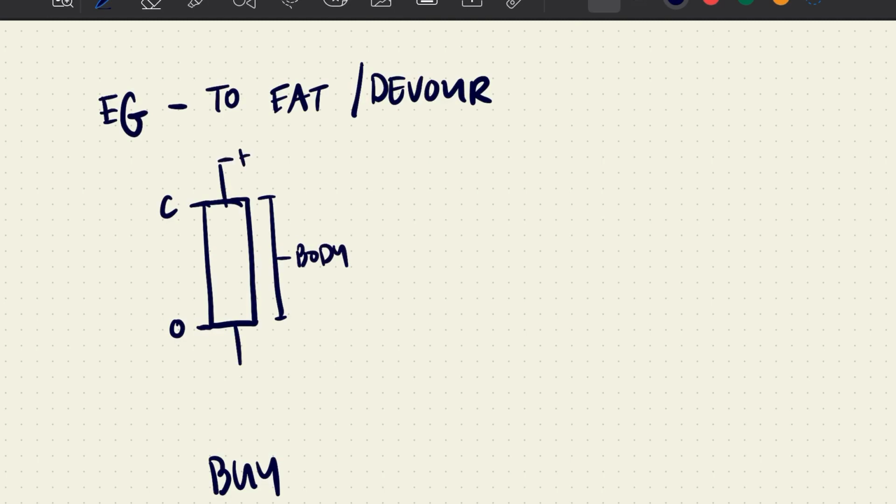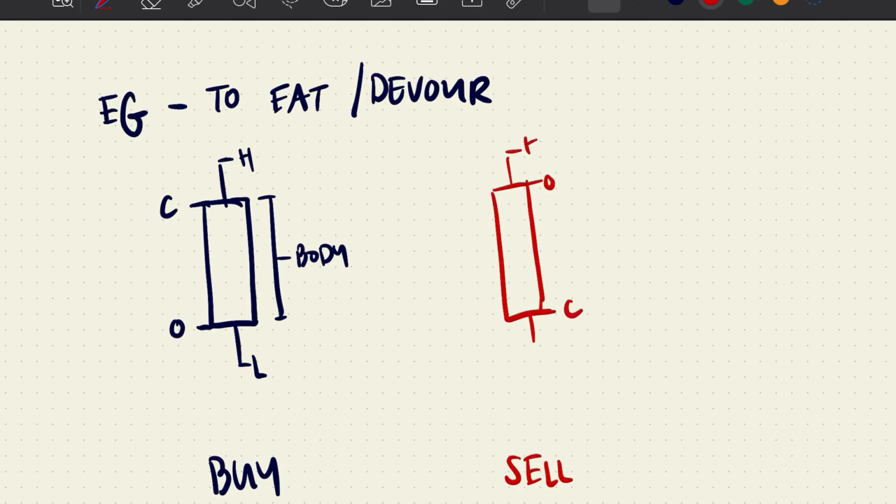All right, then we have the wicks, which we call the high and the low, right? And if we were to do it on the sell candle also, you just switch it. Right? Switch it between the opening and the closing. Then you will get the opening over here, the closing down below, then you have the high and the low, and of course the body, which is everything in between the opening and the closing.